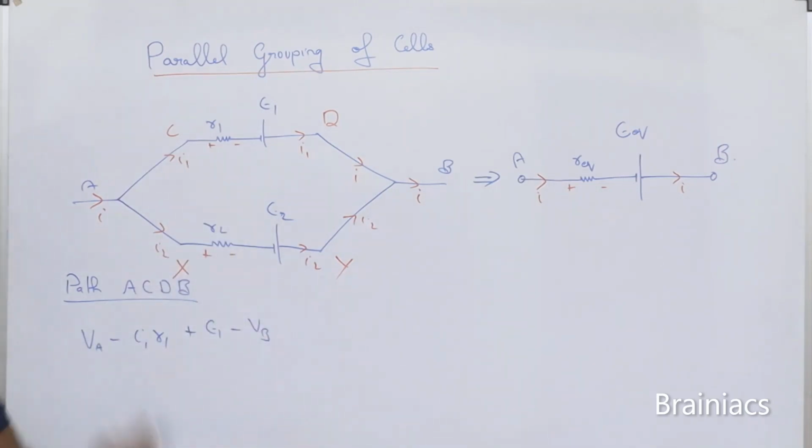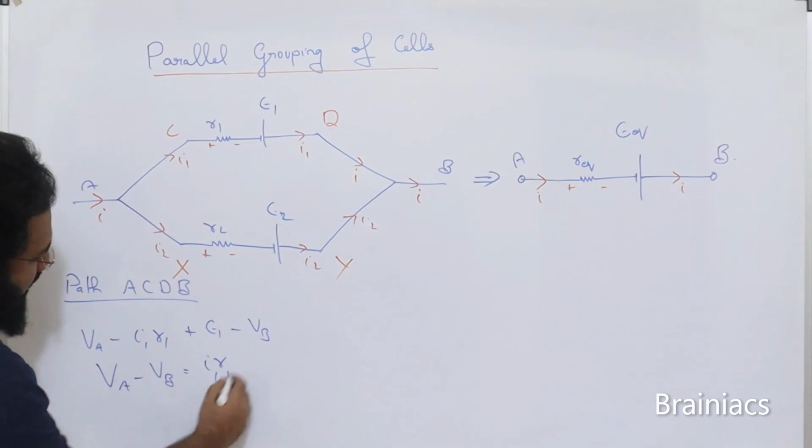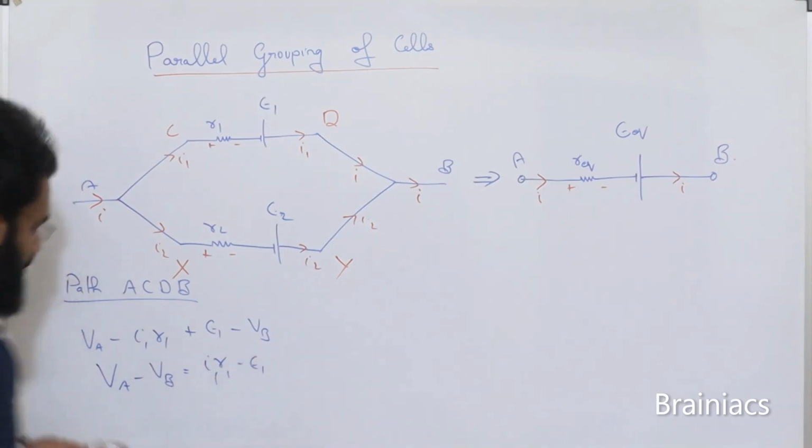Correct? Or we can say VA minus VB is equal to I1 R1 minus E1.